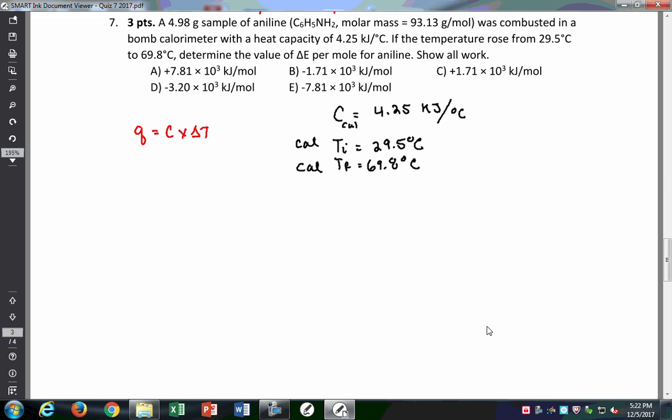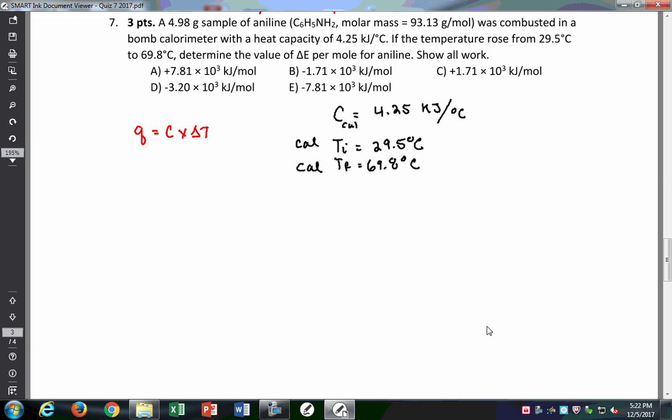Because we can't really measure the change in heat directly of our reaction, but we can measure the change in heat of our surroundings, and our surroundings is our calorimeter. So you should already know that my delta E for my reaction is going to be negative, because my surroundings is positive, it's accepting the energy.